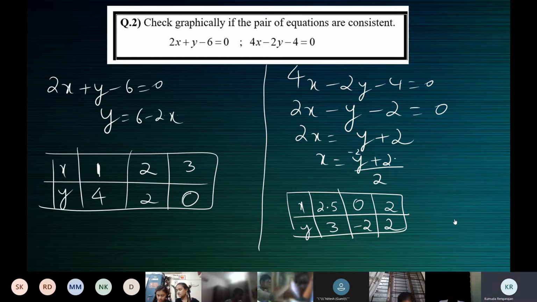Deepika, very good. Super, Deepika, very good. Shreyas. So you're there, Shreyas. Wow, very neat graph.